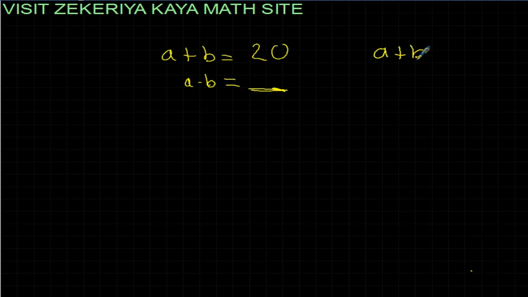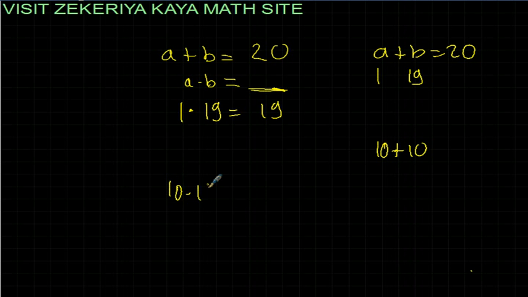So for a plus b equal to 20, we must give some values. When the values are away from each other, when the difference is the highest, the highest difference gives us the smallest product. For the lowest difference I can make 10 plus 10, so 10 times 10 will give me the biggest product.